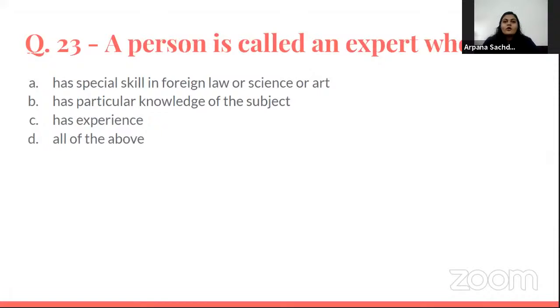A person is called an expert who has special skill in foreign law or science or art, has particular knowledge of the subject, has experience, or all of the above.